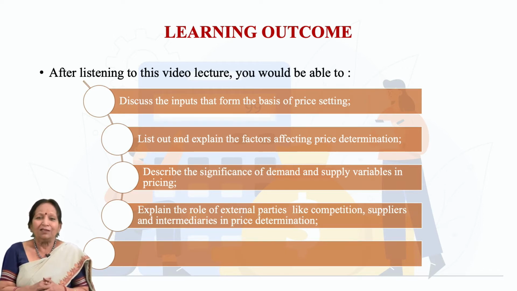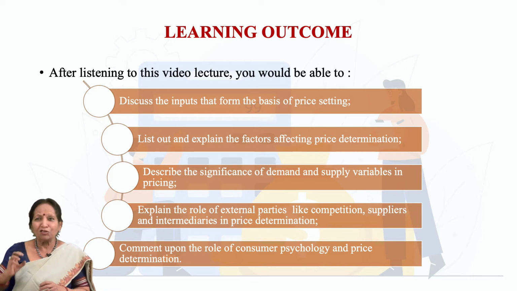These are people like competition, your suppliers and your intermediaries. You should be able to explain what is the role that these people play in your price determination. And you should also be able to comment upon the role that the consumer psychology plays in enabling a certain level of price.